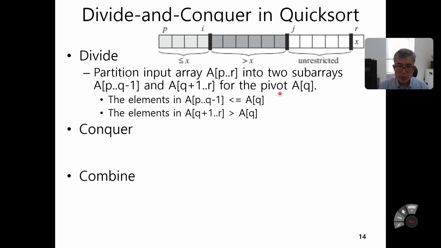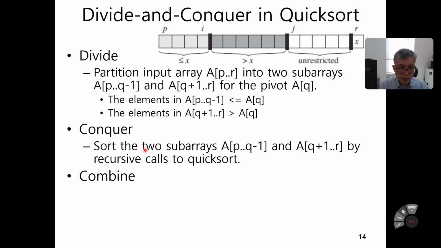And then we call quicksort with the left-hand side and quicksort with the right-hand side, okay? The first part's elements are less than or equal to the pivot value. The second part's elements are greater than the pivot value. So in the conquer case, we sort the two subarrays, two partitions, by recursive calls to quicksort.